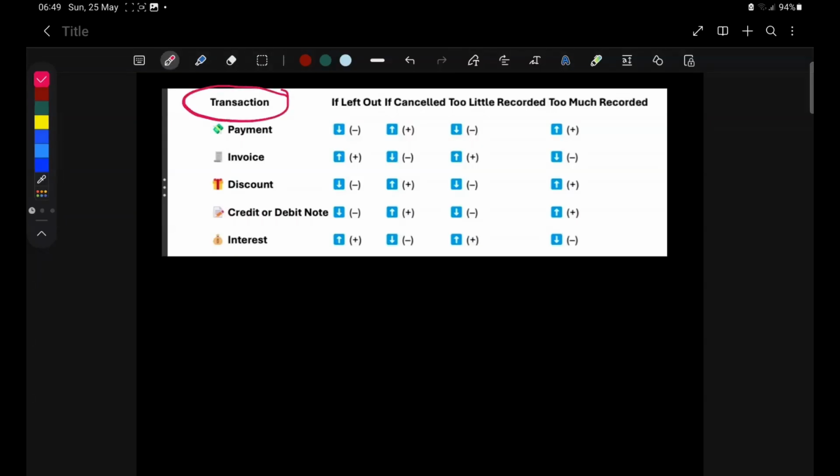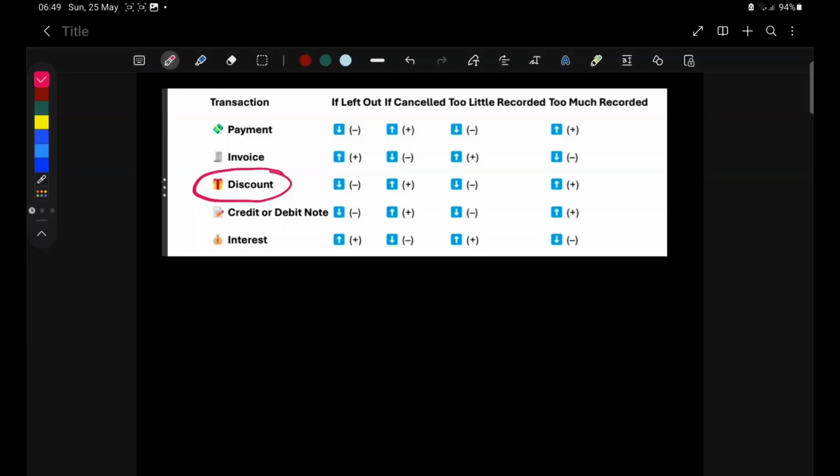Normally we are only busy with the following transactions. Remember, a creditor is someone that you owe money to because you bought goods on credit. When I buy on credit, I must make payments. So one of the transactions will be a payment. Another transaction is an invoice or a purchase that you make on credit. Sometimes the supplier gives us a discount.